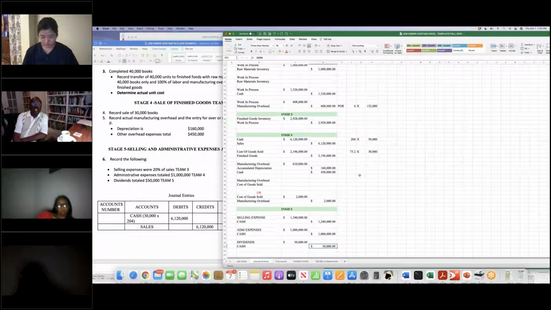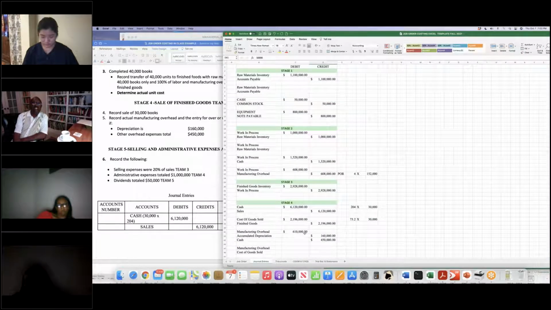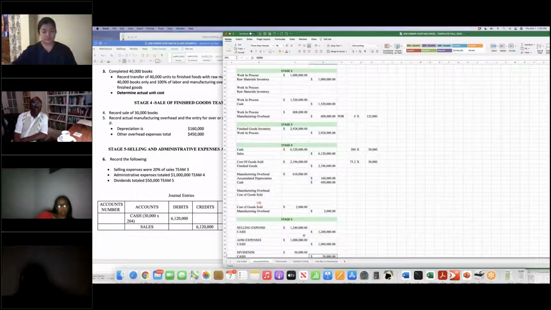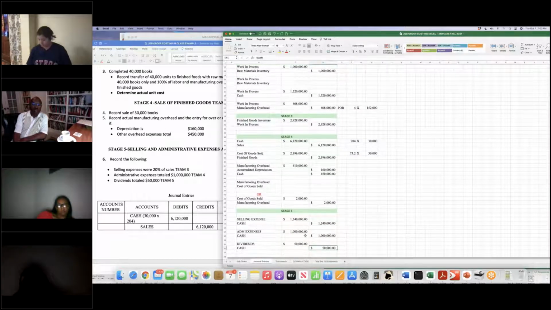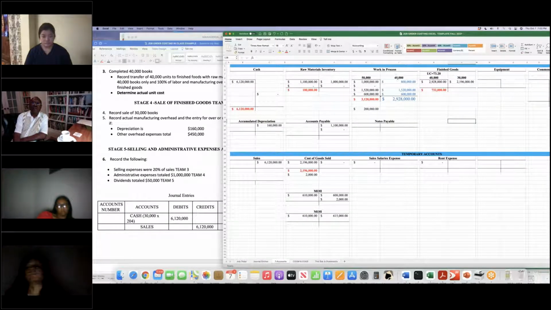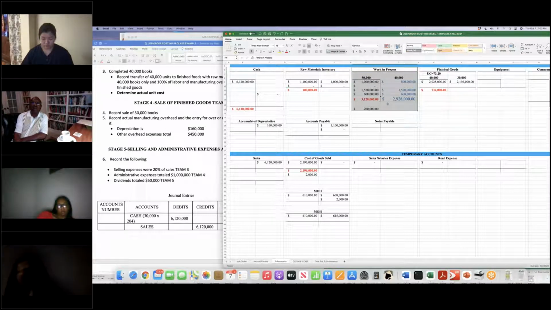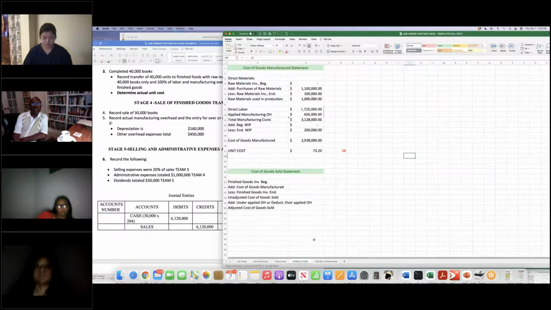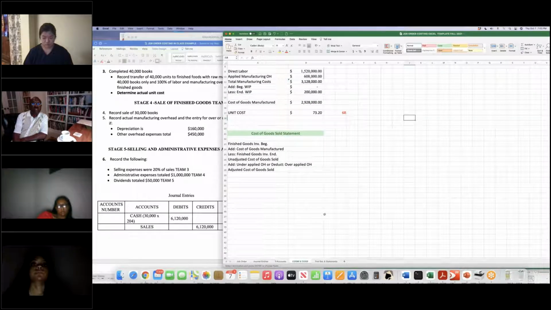So on everything we're doing, these are the journal entries. You just got to put the right amounts in. And once you get to the T accounts and finish up with the work in process account, maybe I'll try to copy it. See if I can put it down here somewhere.